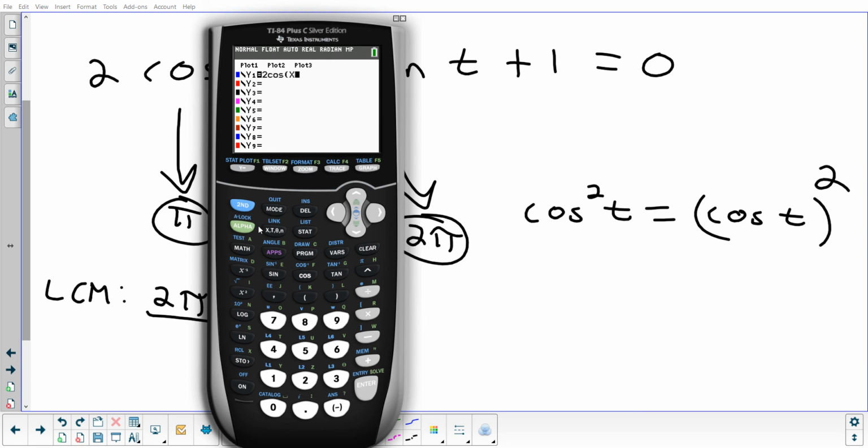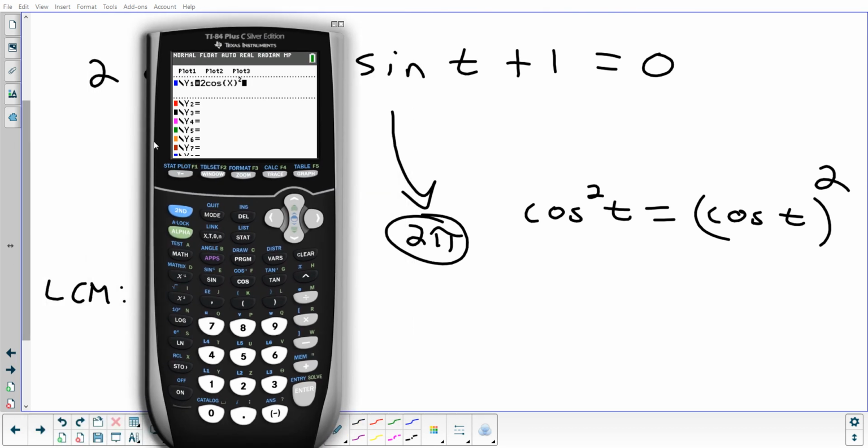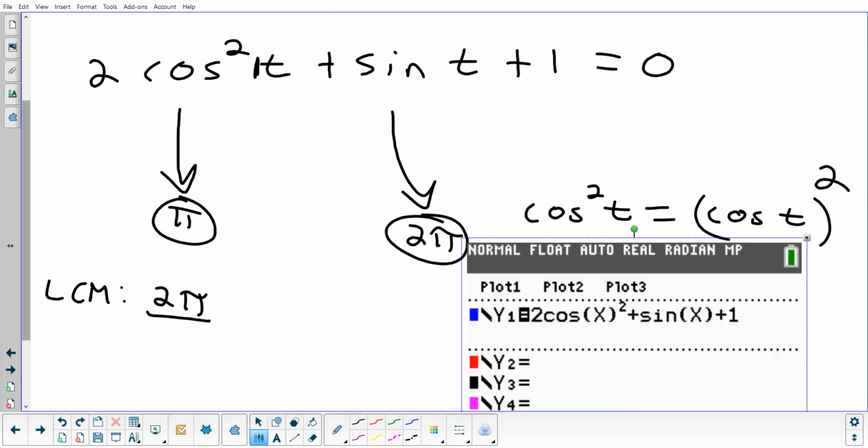Very important I close the parenthesis. Otherwise, you're going to be doing the cosine of x squared. That's not what you want. You want the cosine of x and then square the whole thing. All right, so we get that. Plus sine x plus 1. Okay, so that is how you would type it in.